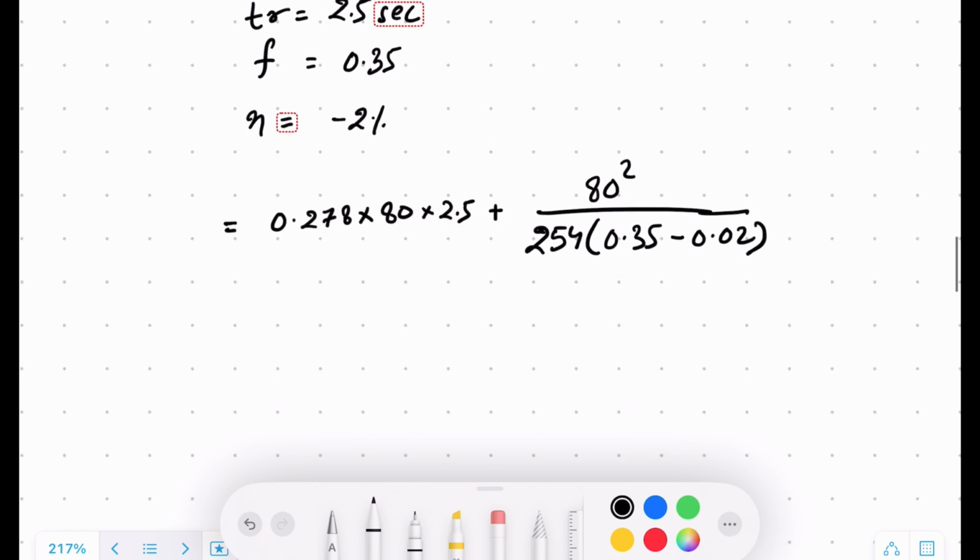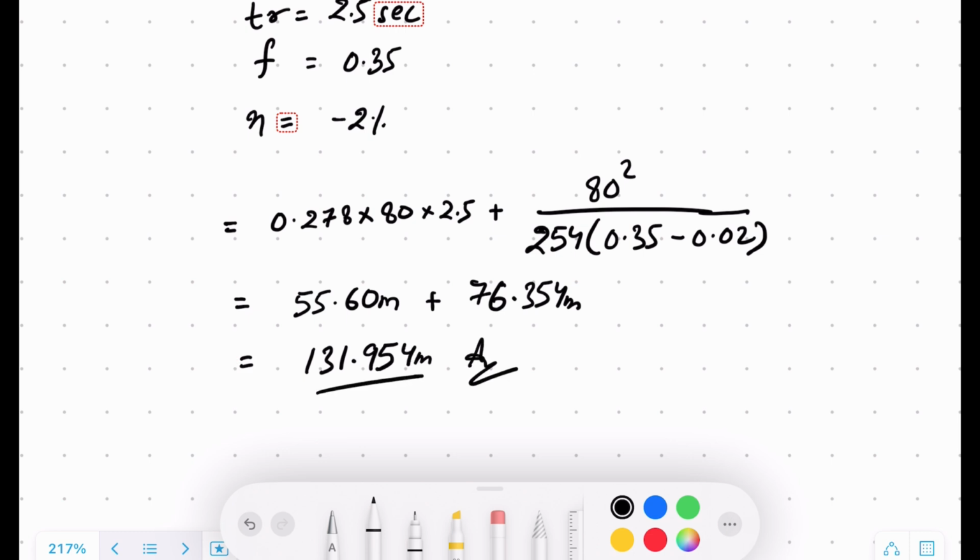Okay, so the lag distance is 55.60 meter, and this one will be 76.354 meters. So the total SSD value will come out to be 131.954 meter. That will be the answer.